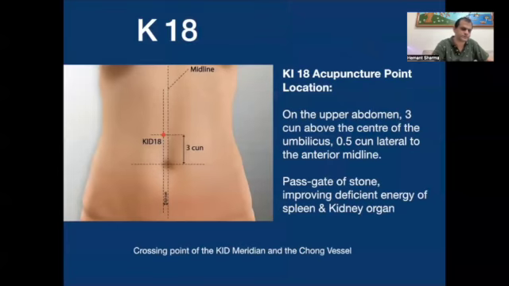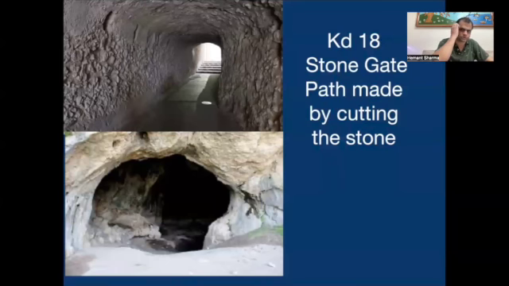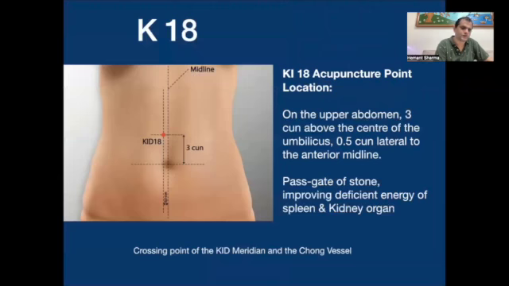We can see stone gate, right? Now, look at this image. At the level of the navel we are having kidney 16. नाभि के लेवल पर हमारा किडनी 16 नाम का पॉइंट होता है, right?